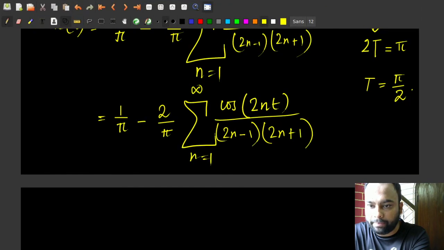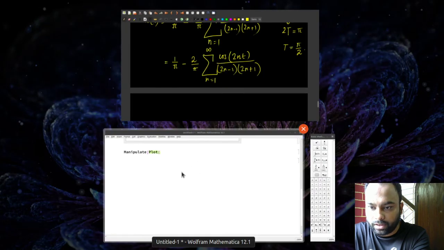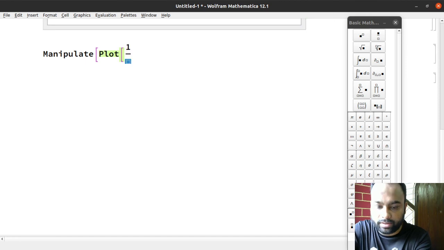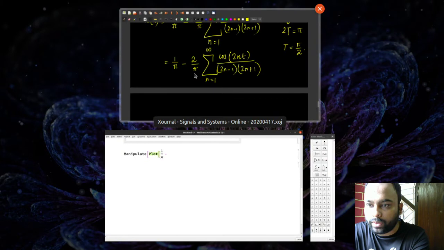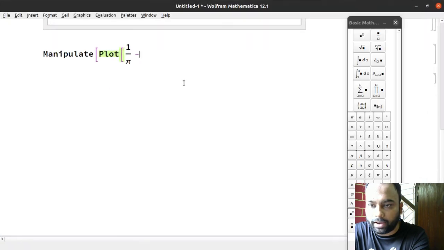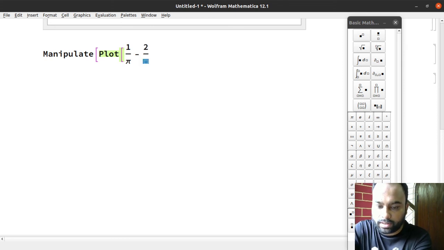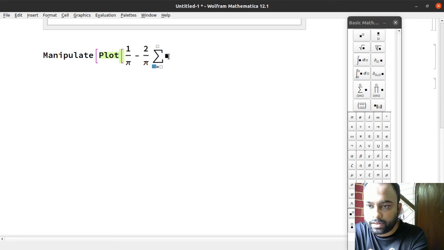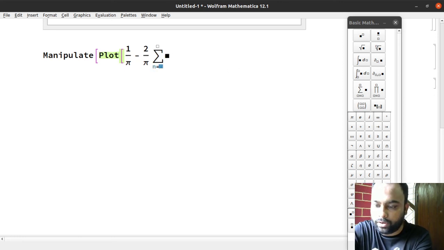Okay, this is 1 by pi. Of course, remembering this is very difficult, right? Divide, escape pi, 1 by pi minus, what do I have in here? I have 2 by pi, I have 2 by escape pi, and we have a summation from n equal to 1 to whatever value I want, and I have a division here.